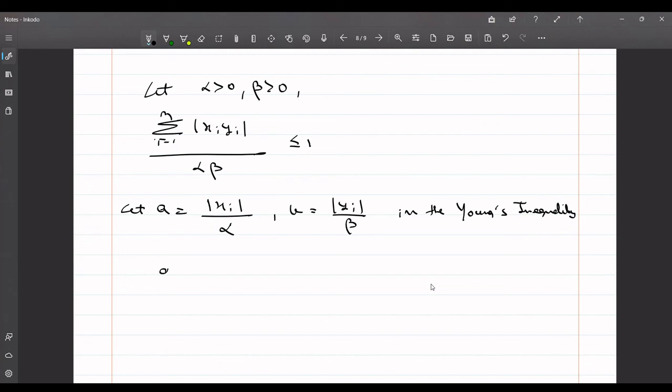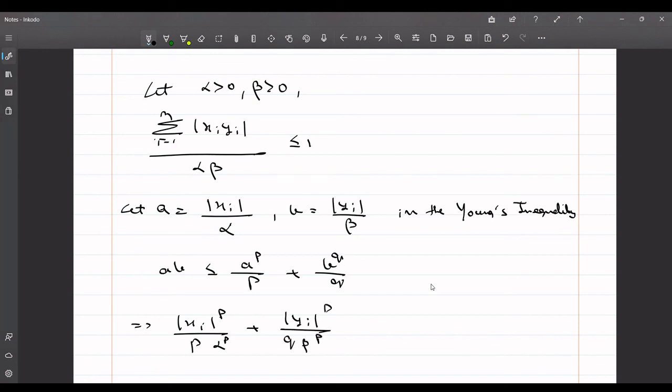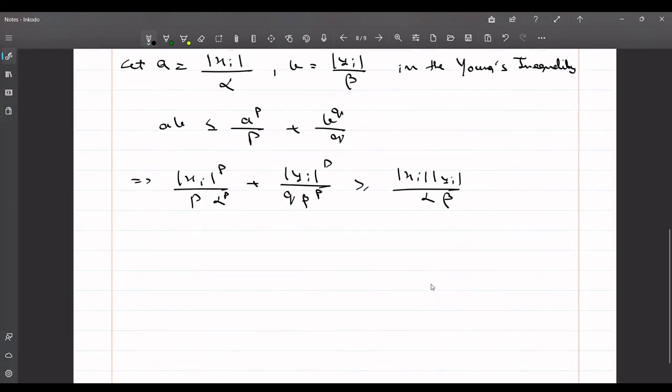So we have ab less than or equal to a to the power p over p plus b to the power q over q, and we can write it like this: |xi| to the power p over p times alpha to the power p, plus |yi| to the power q over q times beta to the power q, is greater than or equal to |xi| times |yi| over alpha beta. Right?